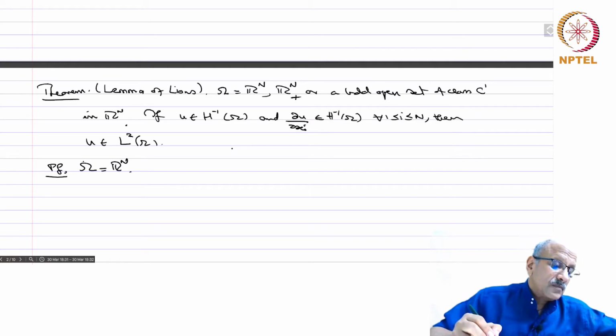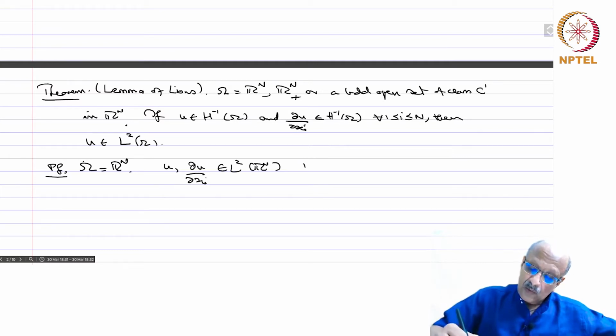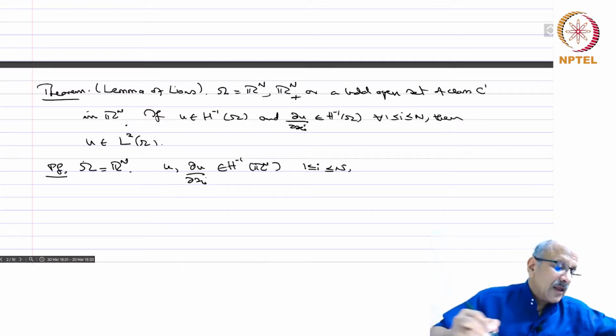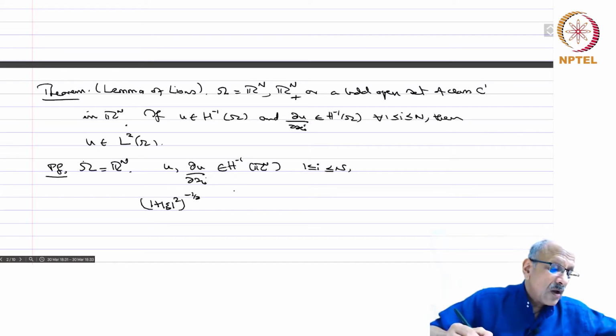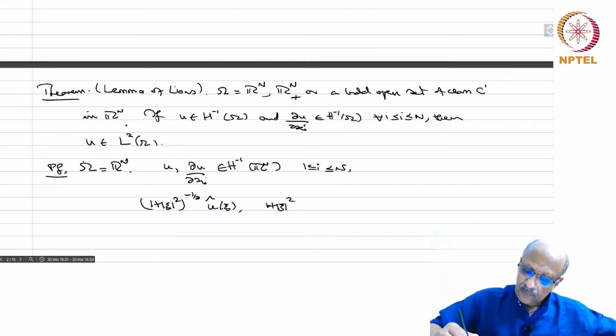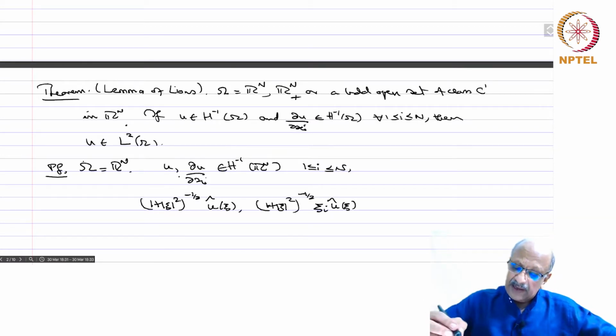So if u and ∂u/∂x_i are all in H^{-1}(R^n), for 1 ≤ i ≤ n, then (1+|ξ|²)^{-1/2} û(ξ) and (1+|ξ|²)^{-1/2} ξ_i û(ξ) belong to L2(R^n), because the Fourier transform of ∂u/∂x_i is ξ_i û with a 2πi coming in, but that's just a constant.